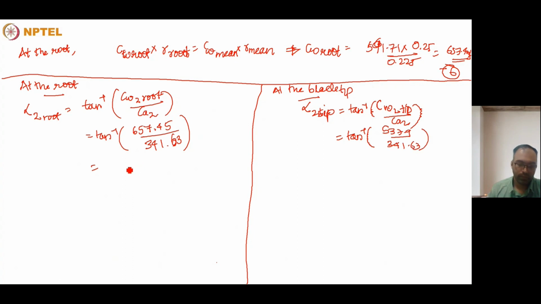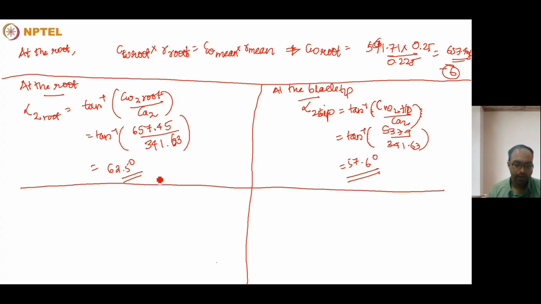So at the root the angle alpha 2 will be coming around 62.5 degree, and at the tip the angle will be coming around 57.6 degree. So the discharge angle at the root will be slightly higher compared to that of the tip.